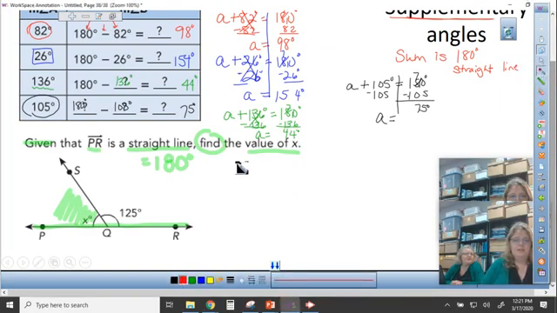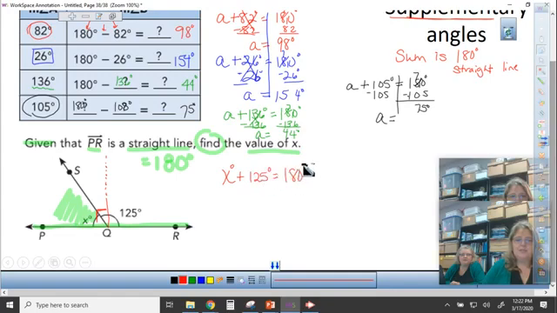Mrs. Douglas? Yes? Right now, looking at that, I can tell you it's going to be smaller than 90 degrees. How can you tell? Because 90 degrees would be a square corner, and this opens up and is smaller than that. So your answer should be smaller than 90. Let's see if I'm right. You are so smart. I'm glad you pointed that out to us. So I have some angle measurement X plus the 125 degrees equals 180 degrees.